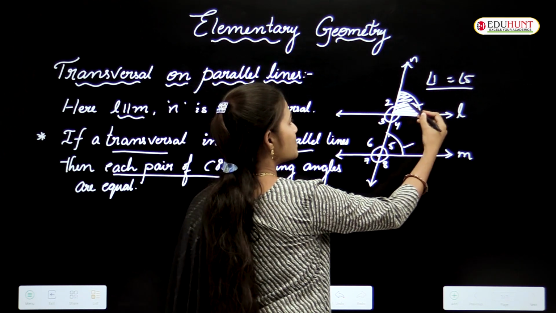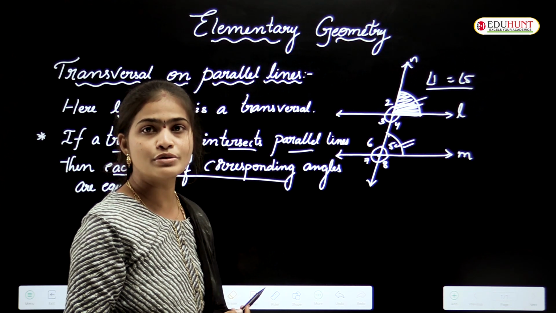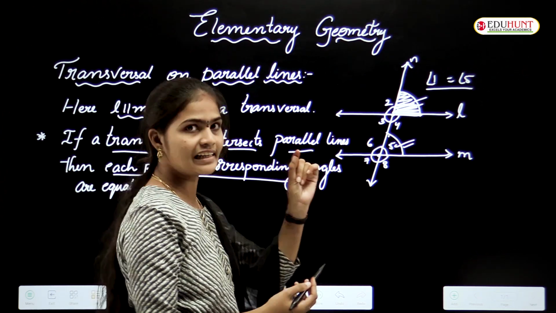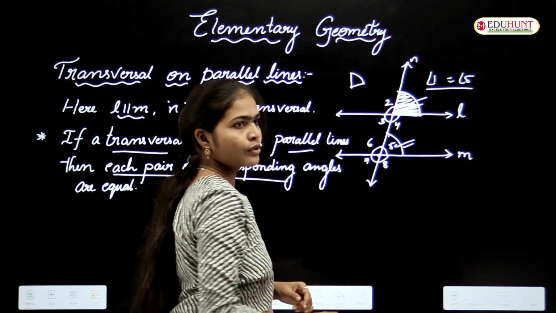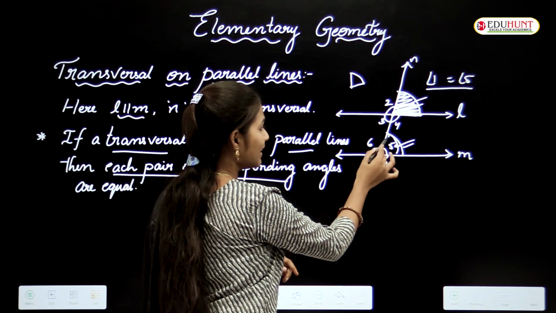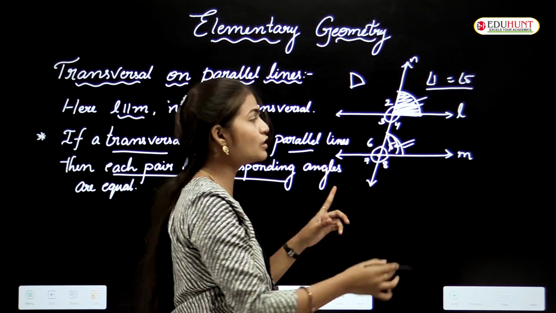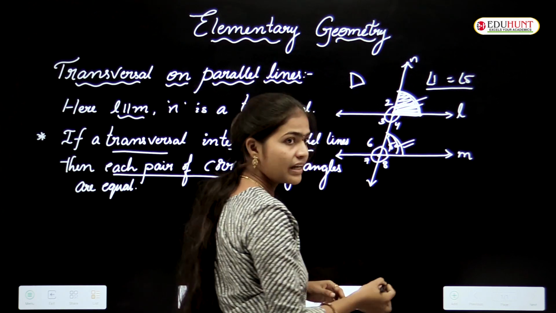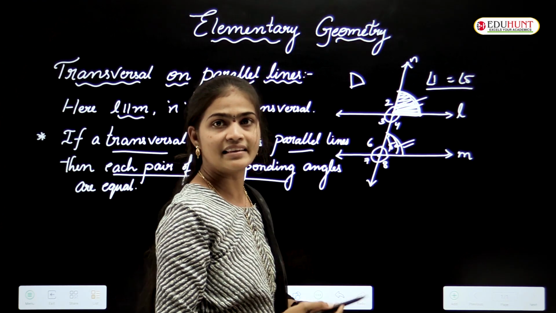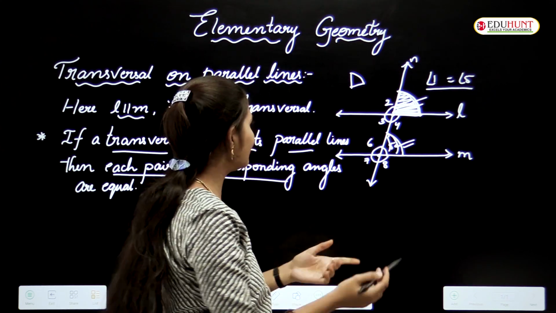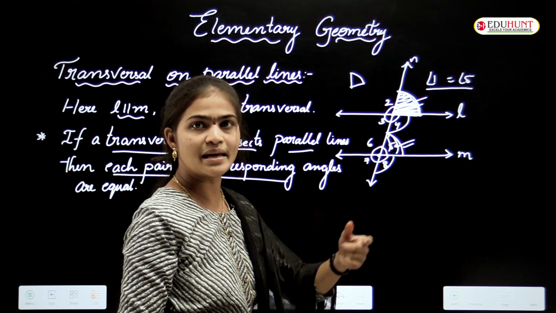You can observe that here and here also you will get the same angle. If you trace this angle with the same paper which you used to measure angle 1, again you will get the same angle. In the same way, these two angles also you can trace by using the same color paper.